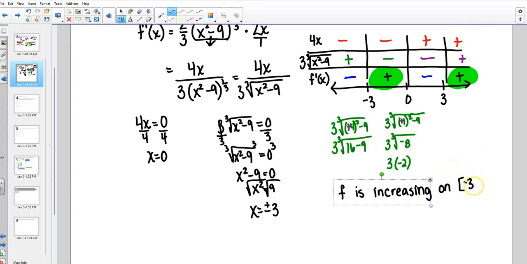So negative 3 to 0 and 3 to infinity, and the reason is always the same: f prime of x is greater than or equal to 0 on these intervals.